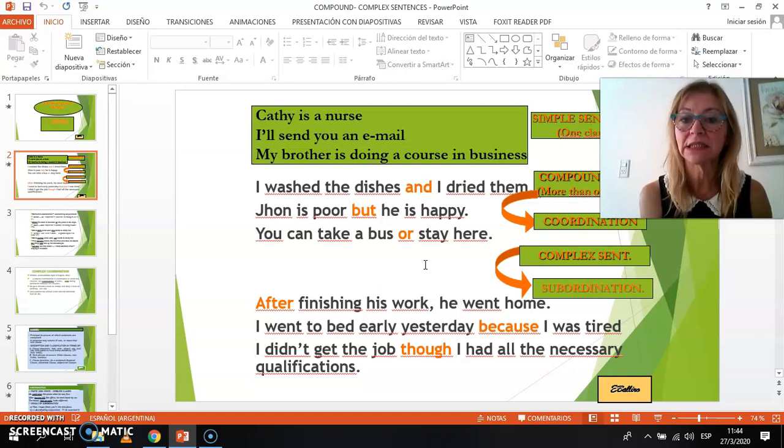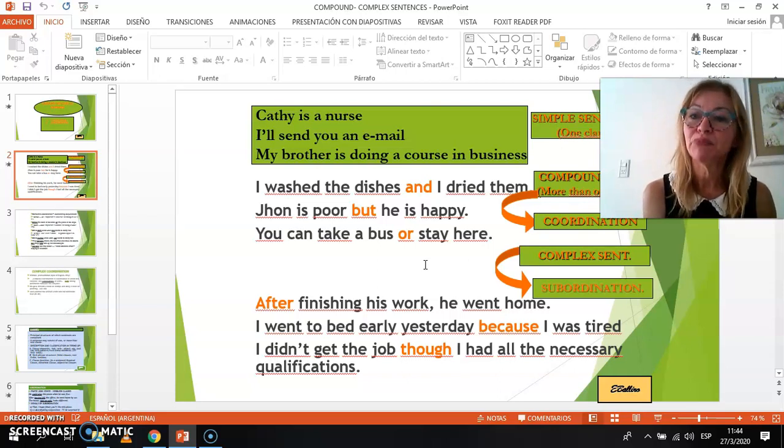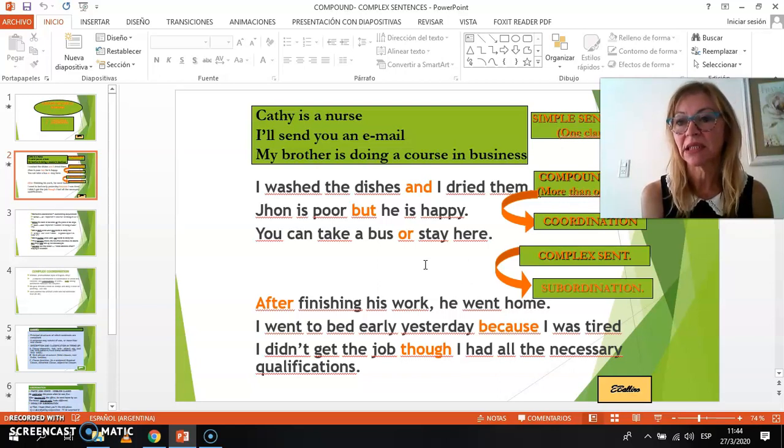In these cases, there is a main clause and there is a dependent clause introduced by a subordinating conjunction, as you can see in after, because, although.